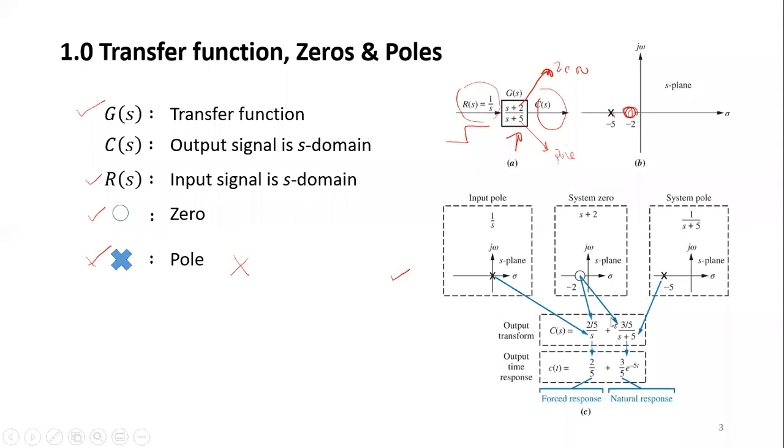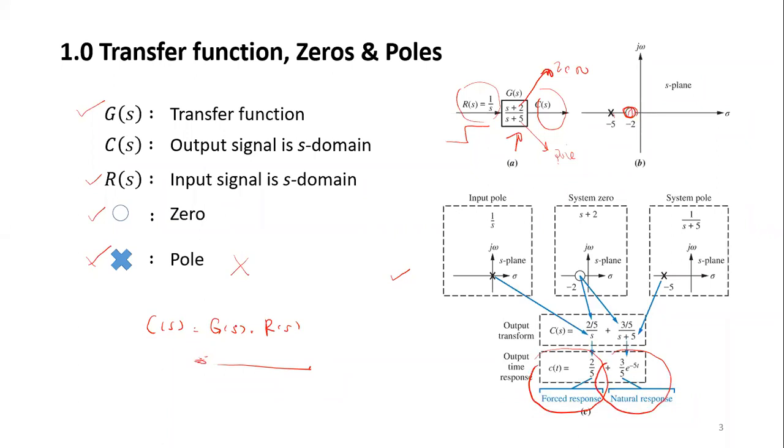Mathematically, the transfer function output C(s) is equal to the system multiplied by the input. In this case our input is a step input, so the output will contain a forced response and a natural response.